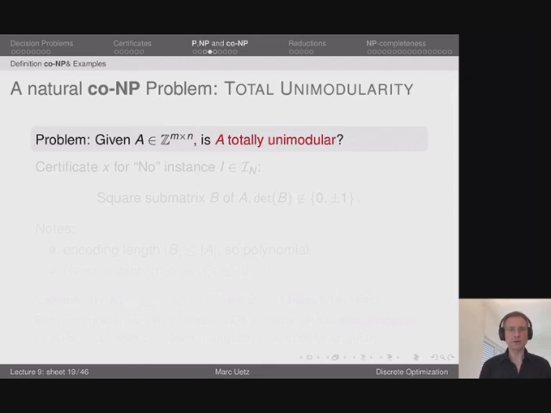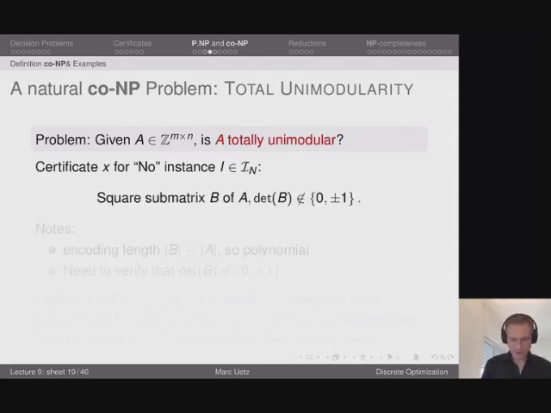The possible answers are yes and no. If you give me a no instance, a matrix that is not totally unimodular, one possible certificate for verification of the no instance is just a square submatrix B which has a determinant not equal to plus or minus 1 or 0. Remember, total unimodularity means that all the square submatrices must have determinant 0, plus or minus 1. So certifying a non-totally unimodular matrix is very simple by just giving such a square submatrix.